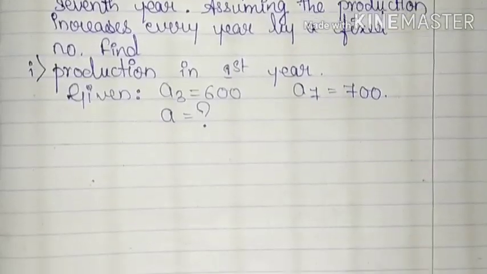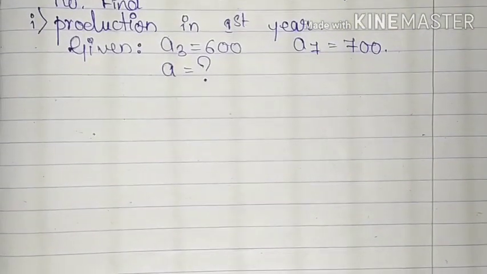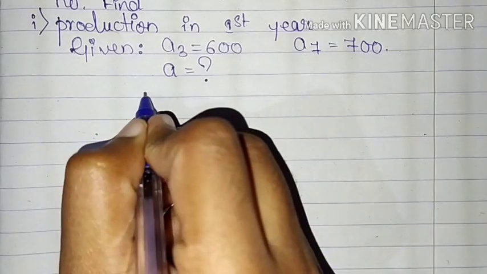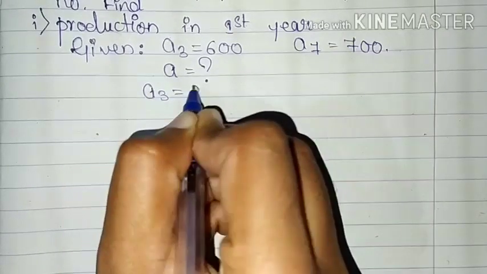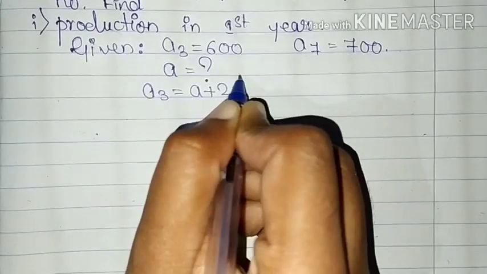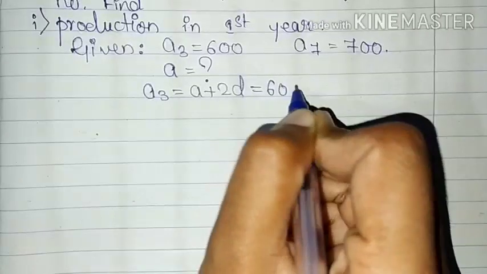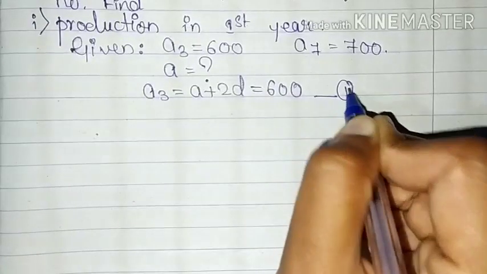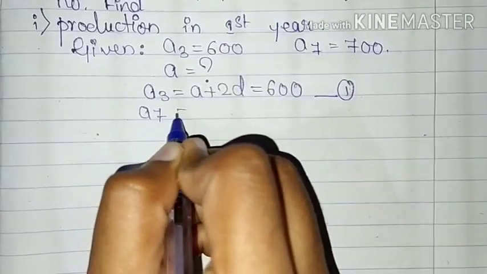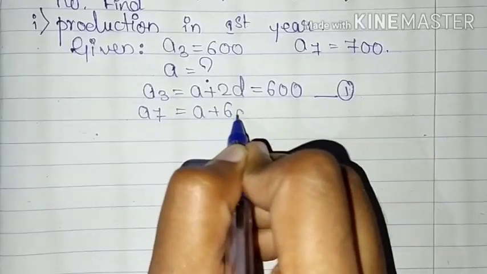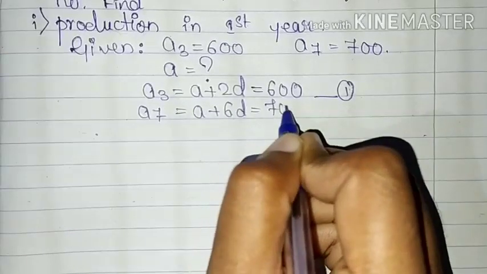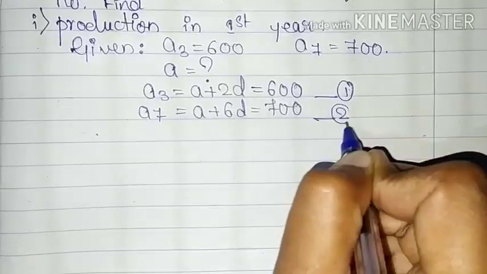So using the general form of AP, since we have the terms here, not the sum but the terms, we will make use of the general form of AP, where a3 is equal to a plus 2d, which is equal to 600. This is our equation 1. a7 is equal to a plus 6d, which is equal to 700. This is our equation 2.